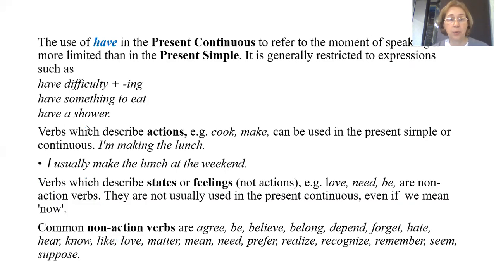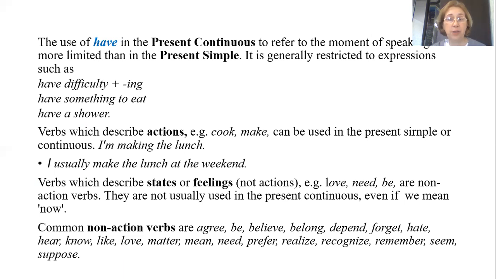And we should remember the fact that some verbs are not used in the continuous form. For example, the use of the verb have in the present continuous to refer to the moment of speaking is more limited than in the present simple. It means we should use most of the verbs have in the present simple.